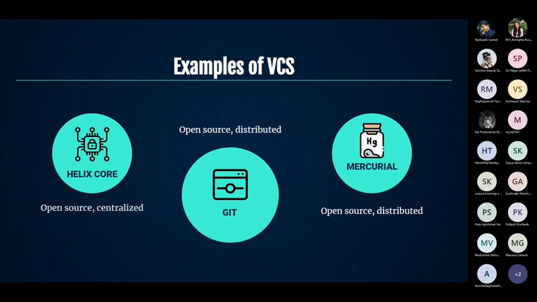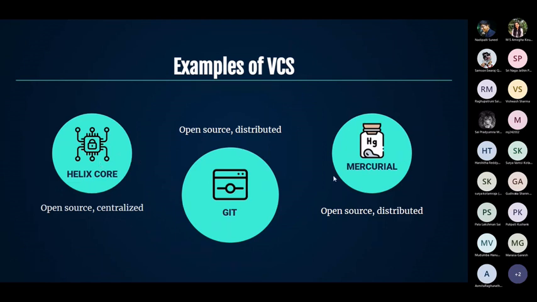So now we have different examples of version control systems. The most popular one and the one that we'll be focusing on this session is Git. Git is open source and it's a distributed version control system. We also have something known as Mercurial, which is again open source and distributed. And we have Helix Core, which is open source, but it's centralized.